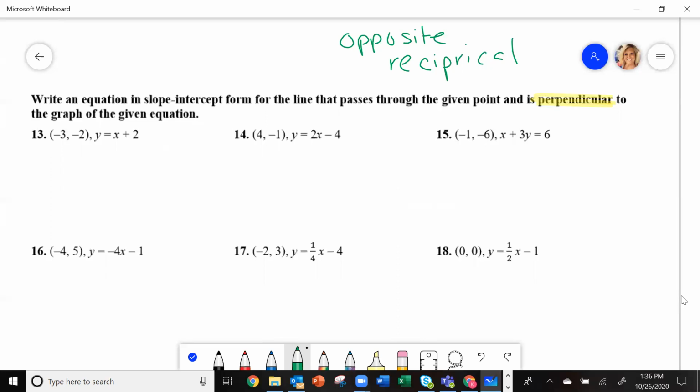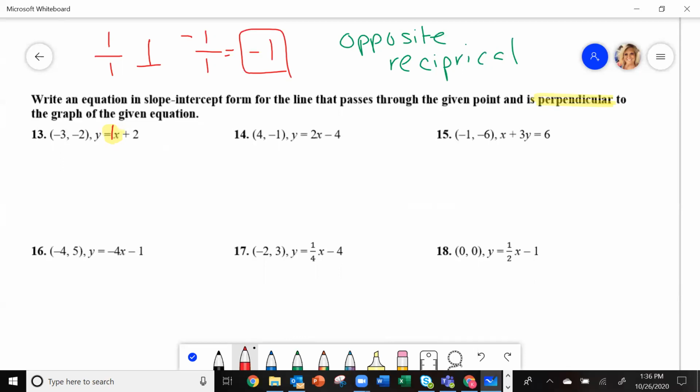So in the first one, right here, first you need to find the slope. The slope in this one, there's no number in front, so it's a 1. Remember, every whole number we can put over 1, so it's 1 over 1. To find the perpendicular slope, it is the flip and opposite. You would flip them over. Well, yeah, it's still 1 over 1, but instead of positive, it becomes negative. So my new slope I'm going to use is -1.